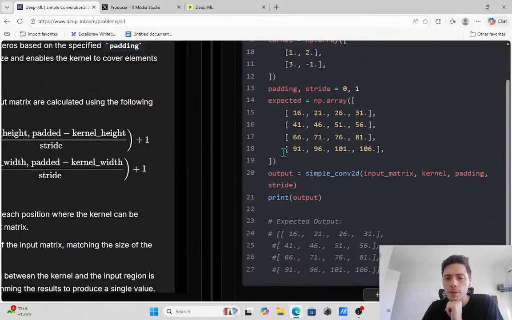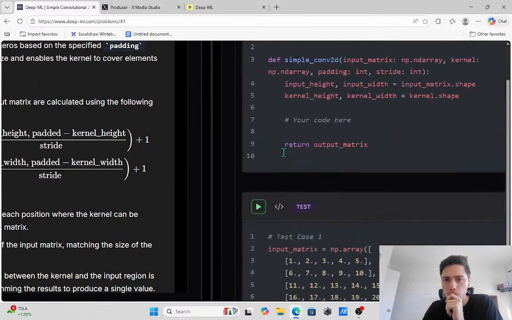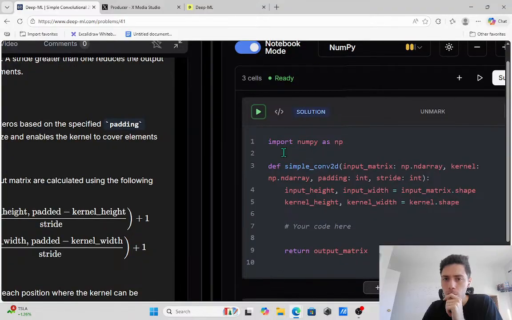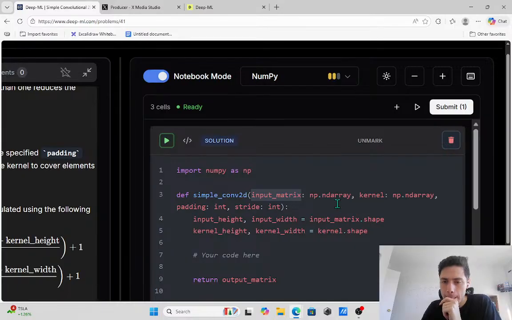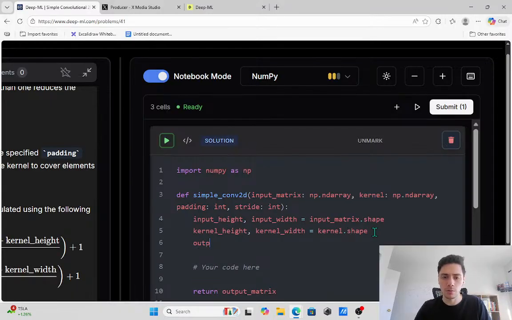I think we're given... let's see what we're given. Input matrix, kernel, padding, stride, input height, kernel height. Okay, so let's get output height.